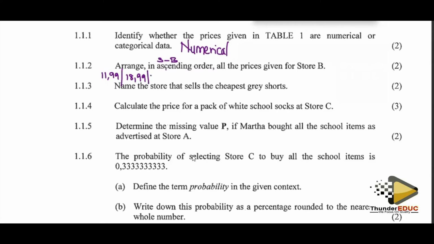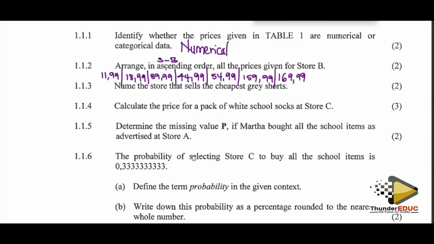There comes 39 rands 99 cents. We go to 44 rands 99 cents. We come to 54 rands 99 cents. Then we have 159 rands 99 cents. And at last we have 169 rands 99 cents, in ascending order from the smallest value to the biggest value, or you can say the minimum value to the maximum.